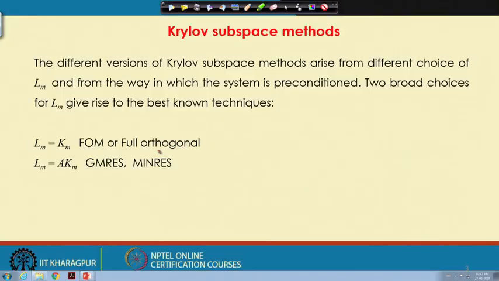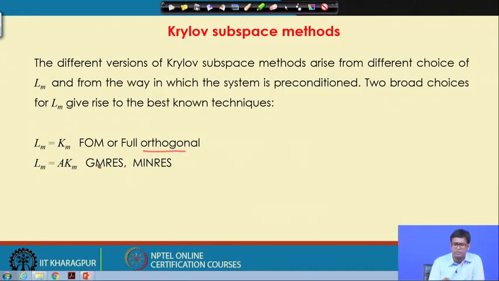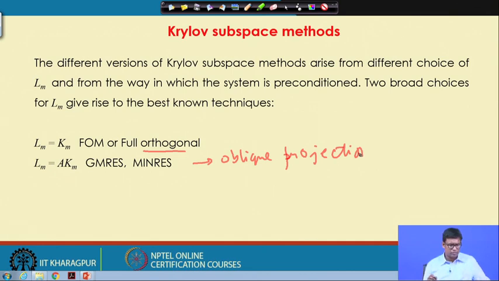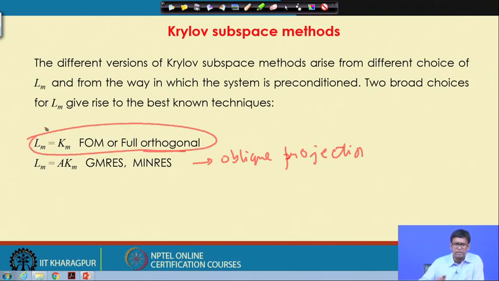One is L m equal to K m, which is an orthogonal method, and another is L m equal to A K m, which is an oblique projection. And now, in this particular session, we are concentrating on the full orthogonal method. We have discussed the full orthogonal method earlier, and we will see how, for a symmetric matrix, we can generate a very efficient solver from the full orthogonal method.